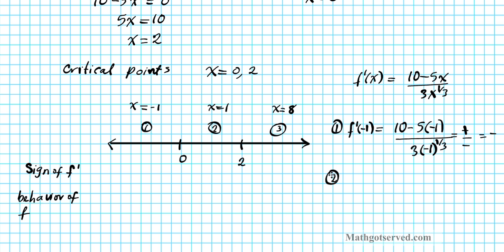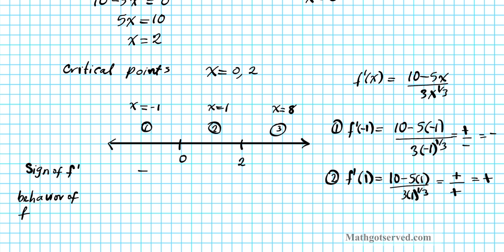For interval 2, f prime of 1, that's our test value. 10 minus 5 times 1 divided by 3 times 1 to the 1/3. The numerator is going to be positive, likewise the denominator. Positive over positive is positive.